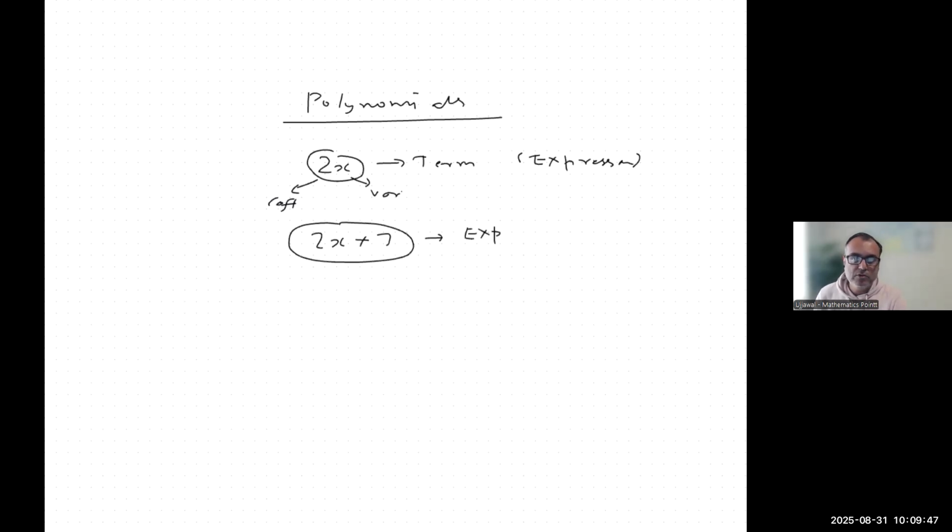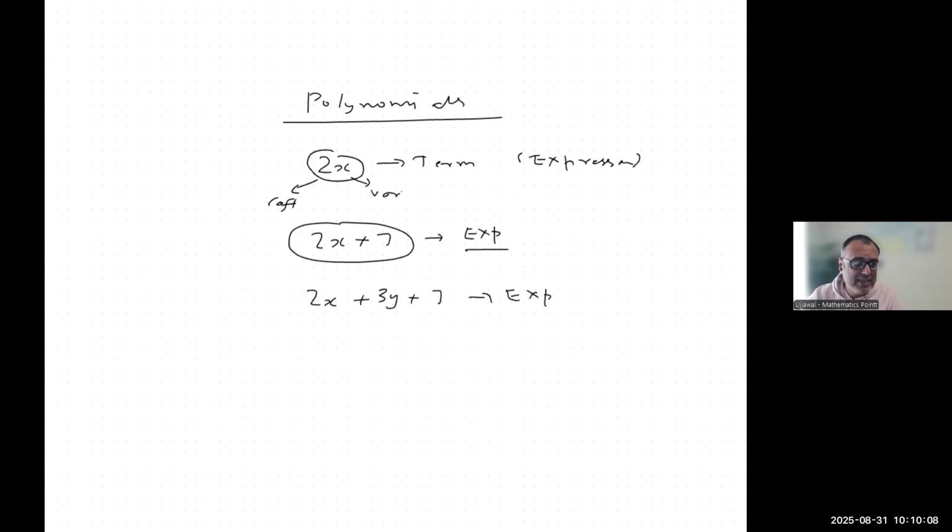Okay. Now, so this is an expression. Now, if I write 2x plus 3y plus 7, this is also an expression.